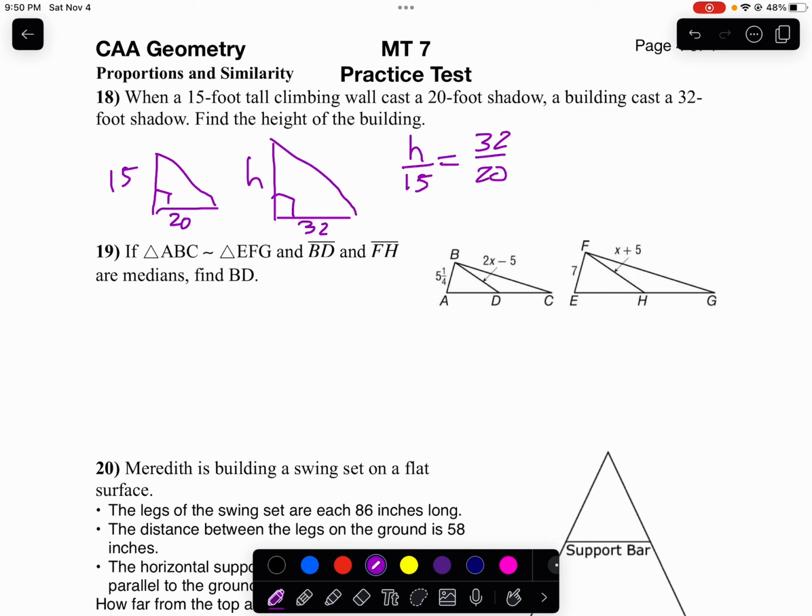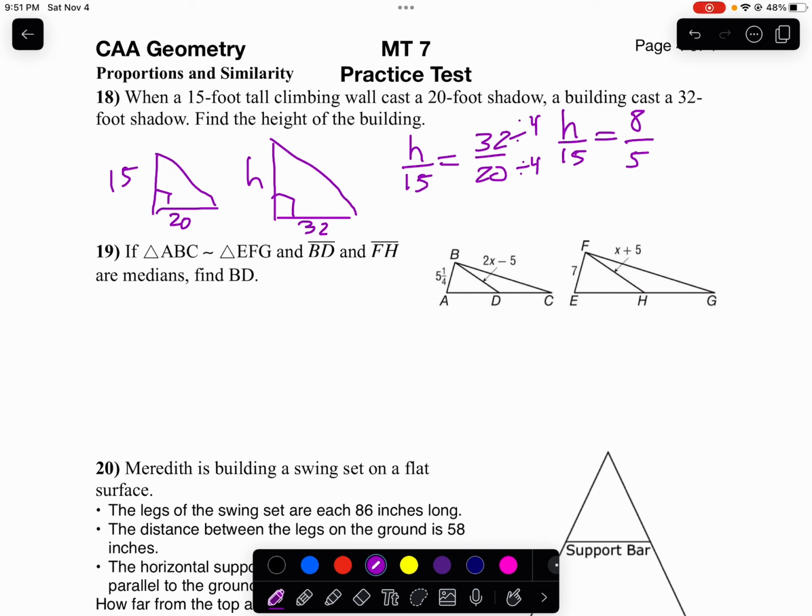The first thing I notice, to make the problem simpler, I can simplify 32 to 20. Notice 4 goes into both of those. So if I divide 32 by 4, I get 8. I take 20 divided by 4, I get 5.